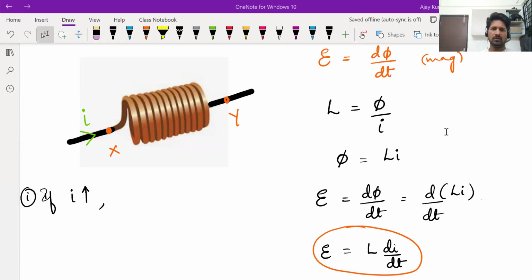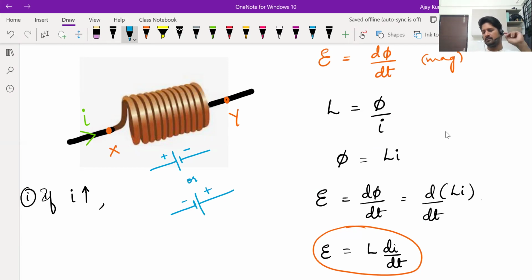Induced EMF will have to decrease the flux, so it will have to decrease the current. Now to oppose this current, I'll give you 2 options. Which way should the EMF be induced? Like this or like this? First option or second option?